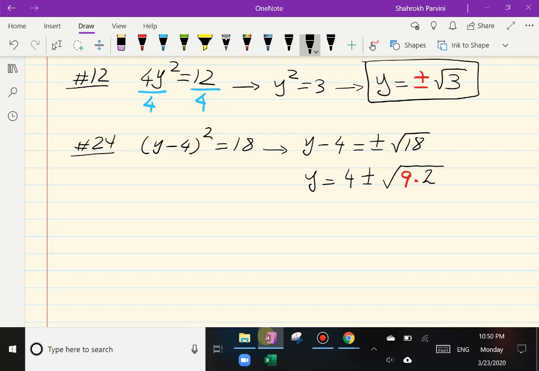So that's not what we want to do. We want a number that we can multiply by itself, a repeated number, if you will. That will give you one of the factors, namely the 9 here. Now we can take the square root of 9 and it becomes 3. And then we have square root of 2, and there you go.